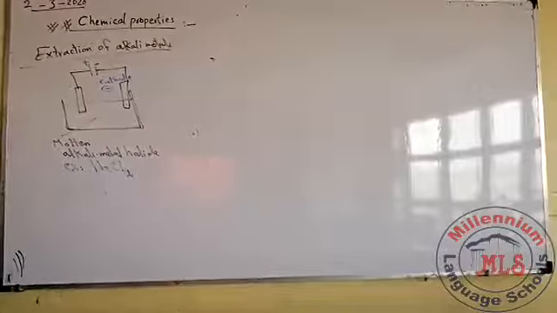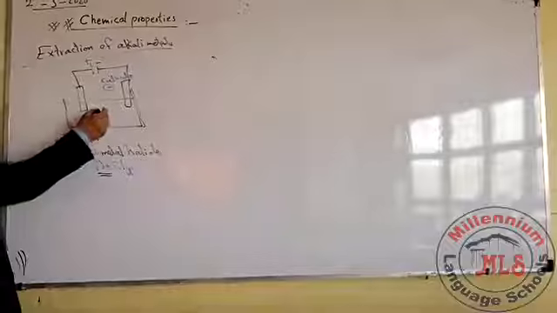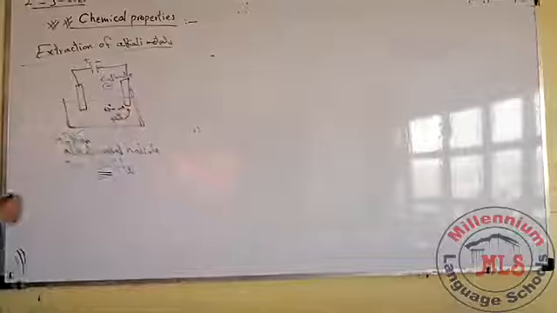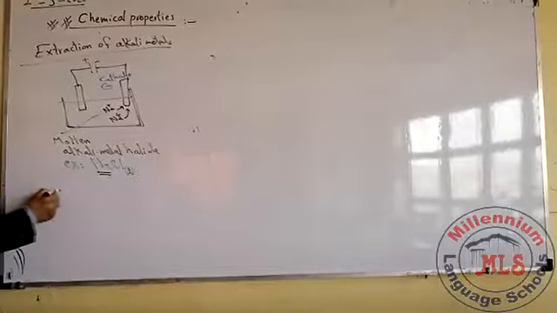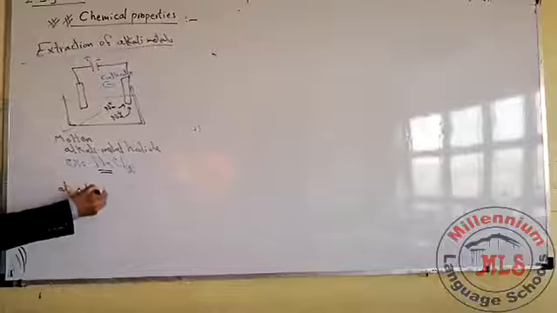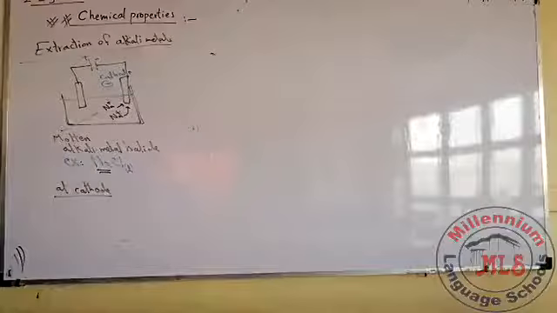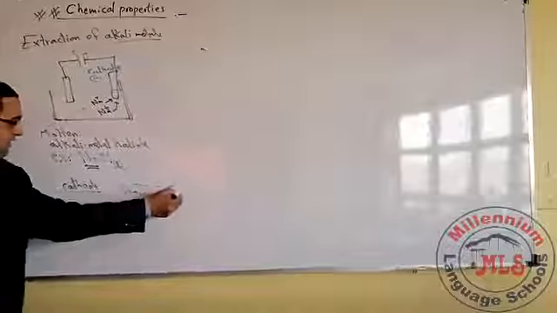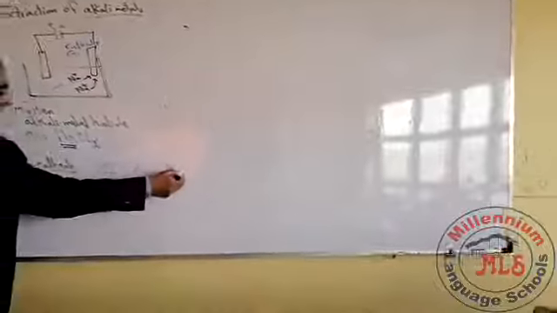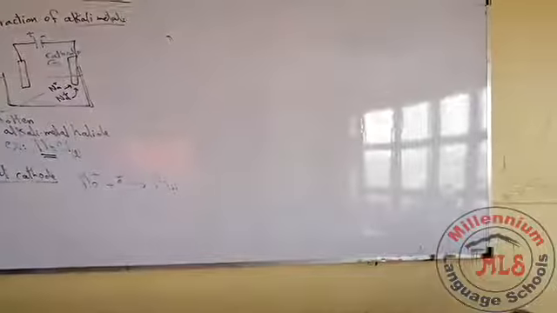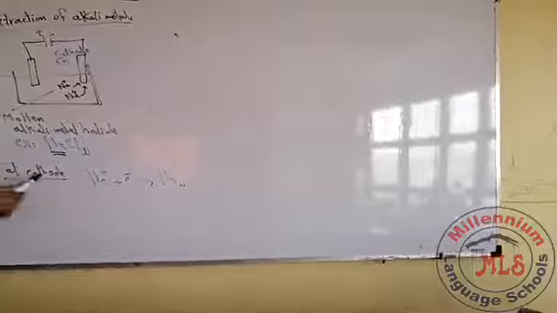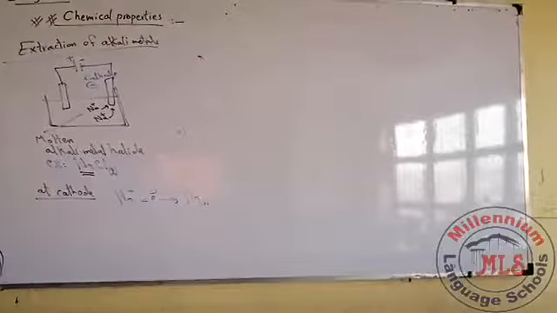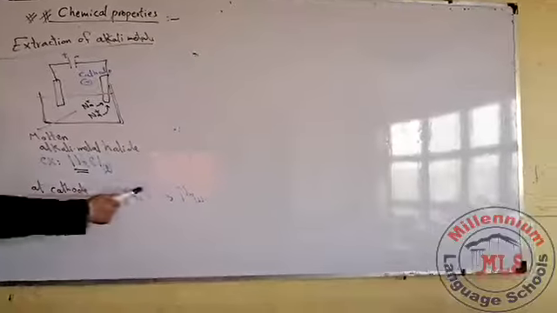So, positive ions like Na positive ions will move towards the cathode. So, at the cathode, Na positive takes an electron and changes to Na. At the cathode, this equation occurs. This equation is called reduction because it's gaining of electrons.